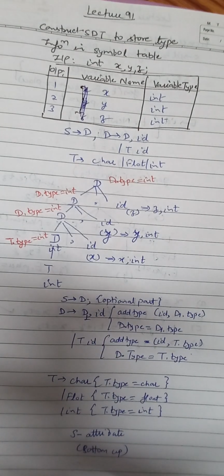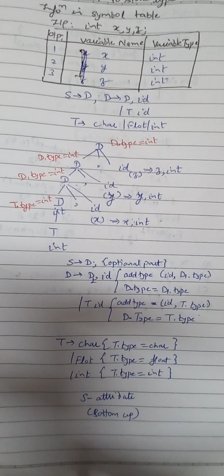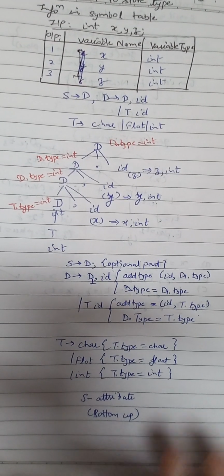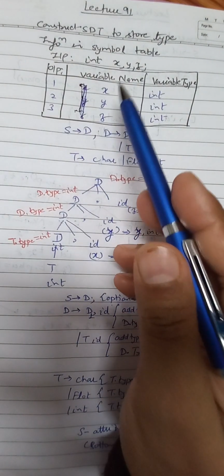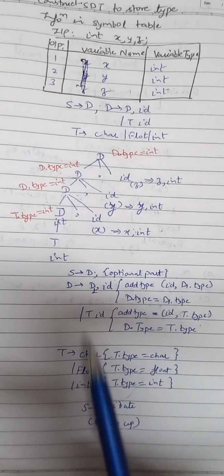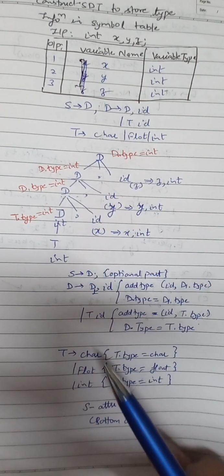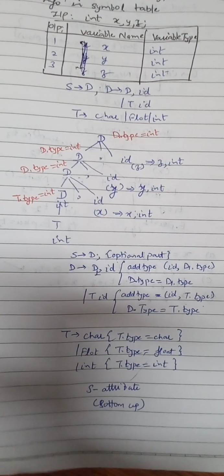So this is the way to construct an SDT to store type information in the symbol table. So this will be the output. X, Y, Z are the variable names, and they are of integer type because we have taken integer type. In this way it can be of float and character. It depends upon how we want to take.